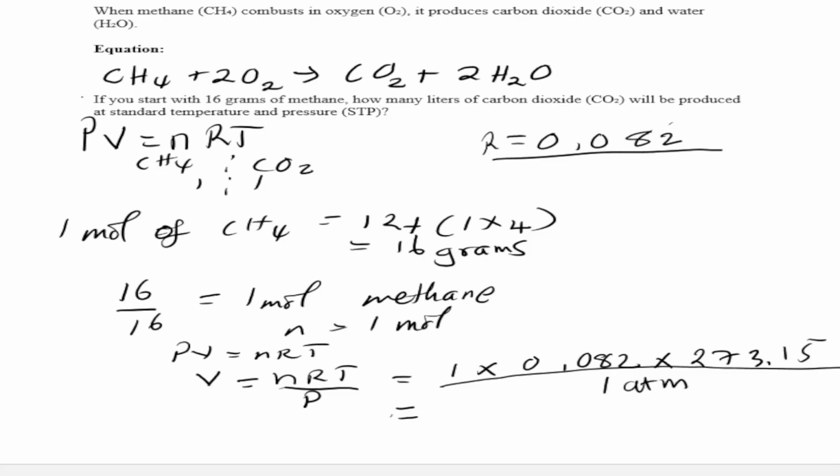So now we're gonna just calculate this one. Then you're gonna see how much we are getting here.